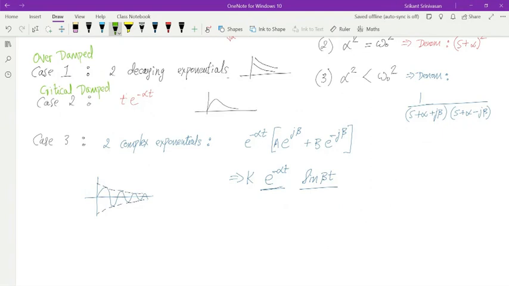It is called critically damped because here there is a damping function which is going down, but there is also an increasing function. So you see this kind of curve, okay? So this is like a critically damped function. This is overdamped.